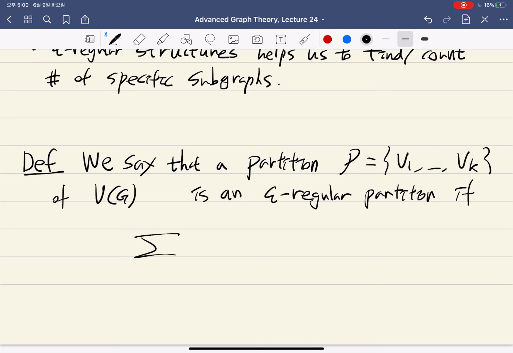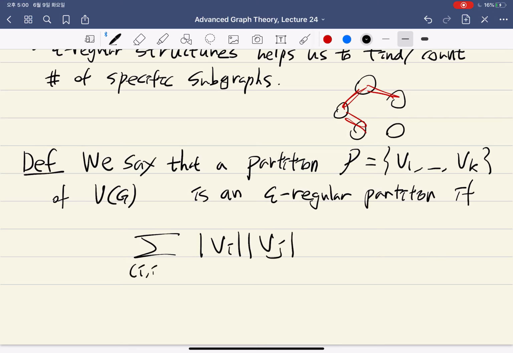So we have several vertex sets. Then we check whether each pair is epsilon regular or not. And for the pairs which are not epsilon regular, we take them and then we measure them.